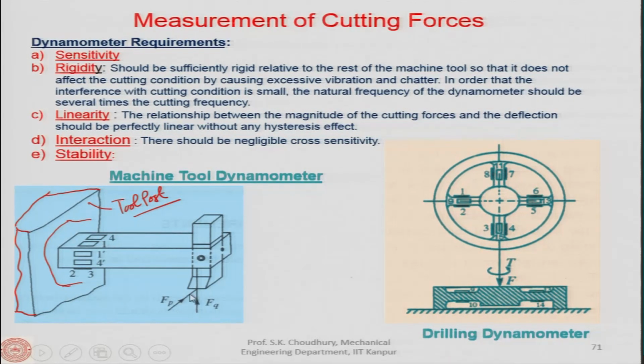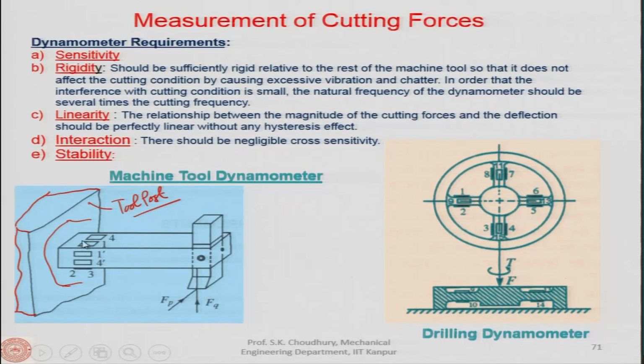And the FP, which is perpendicular to this, will be sensed by 1 prime, 2 prime, 3 prime and 4 prime. Other 1 prime, 2 prime and 3 prime are at the face opposite to this, you understand that. Okay. So, you make two sets, strain gauges 1, 2, 3, 4 and 1 prime, 2 prime, 3 prime, 4 prime if it is strain gauge, or otherwise piezoelectric elements. With the help of the preamplifier and then the amplifier, you can actually find out what is the strain which is occurring here. All right.